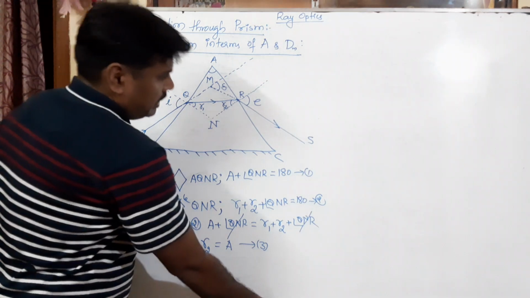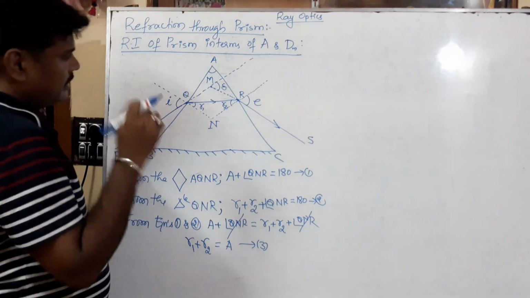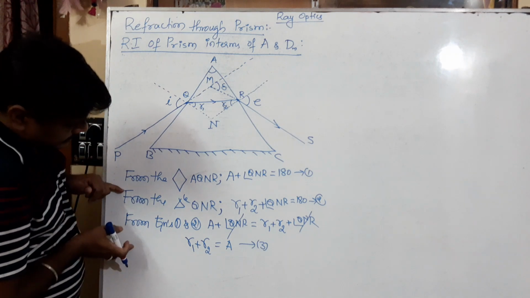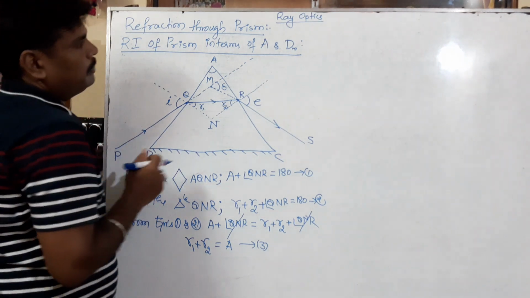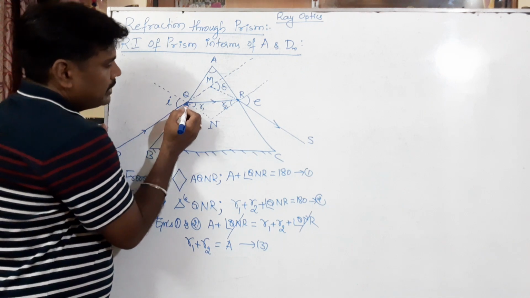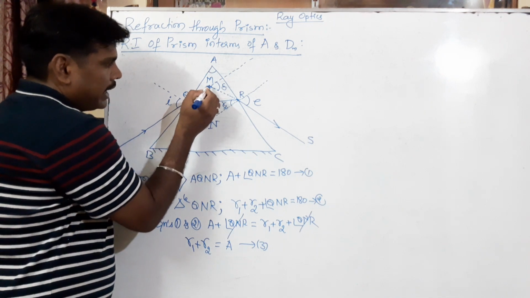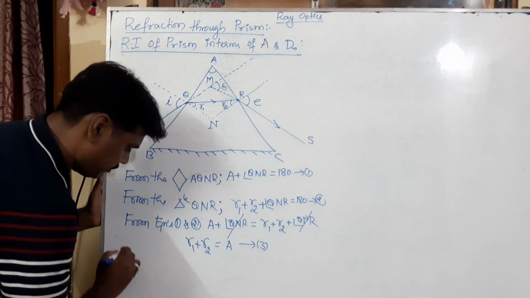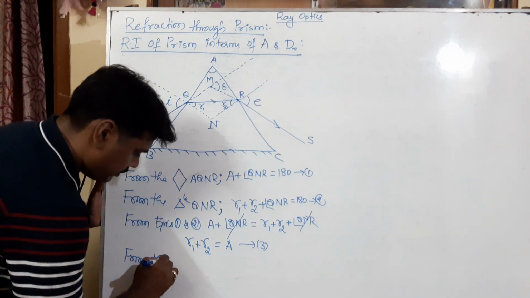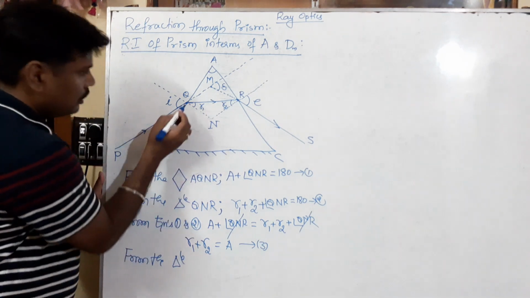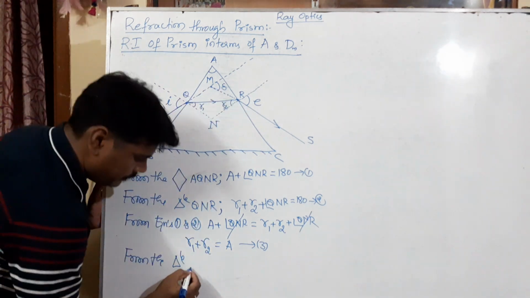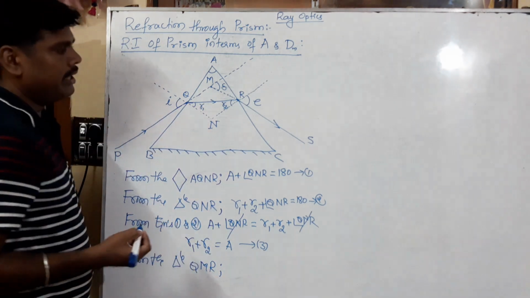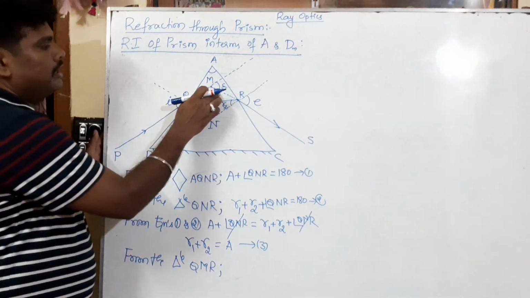While continuing this derivation, let us consider the next part. This is a very important part. This is the first part and this is the second part. In the third part, we have to consider one more triangle, QMR. Observe carefully. In this triangle we are applying some geometric rules.